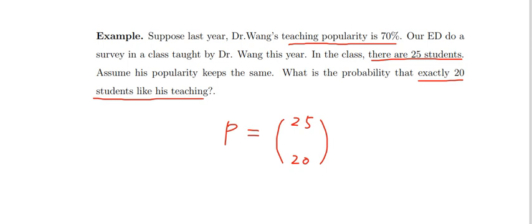We can regard this as a probability, right? The probability for like is 70%, or 0.7. This happens 20 times for 20 students, so 20 students say yes, they like, and then the 5 people will not like it, with probability 0.3, right?